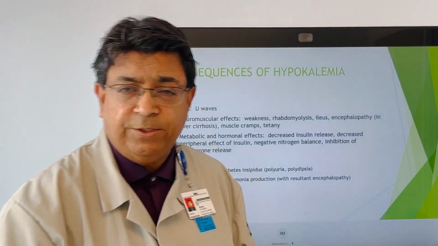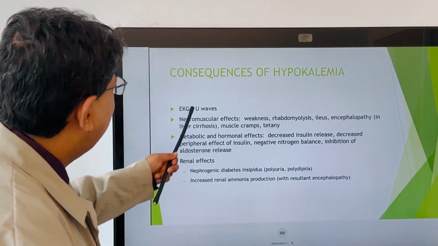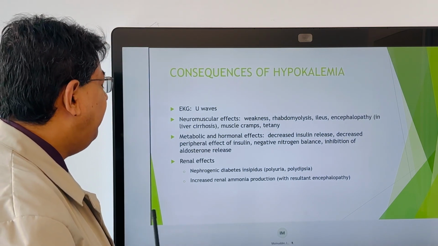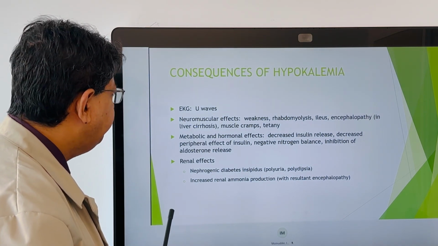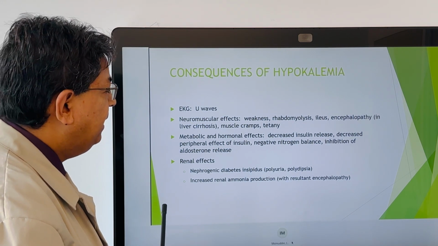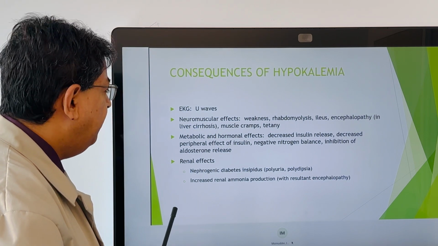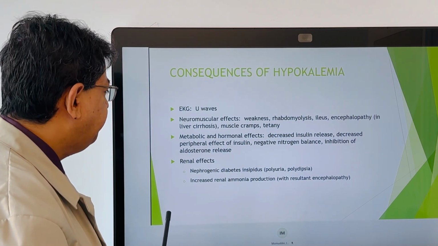What are the consequences of hypokalemia? On the EKG, you may see U waves, which typically follow the T waves. Neuromuscular effects include weakness, rhabdomyolysis, ileus, encephalopathy, typically in liver cirrhosis, muscle cramps, and tetany.